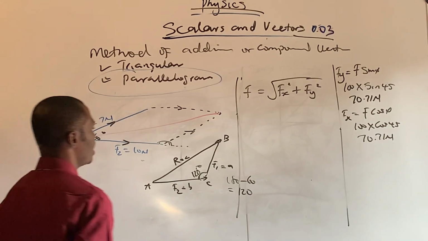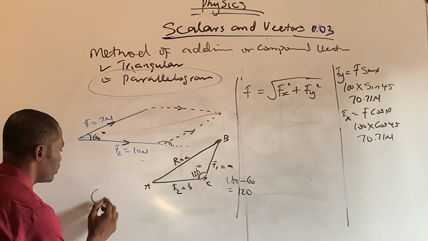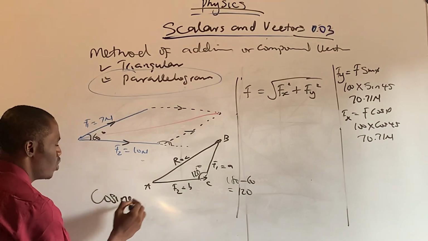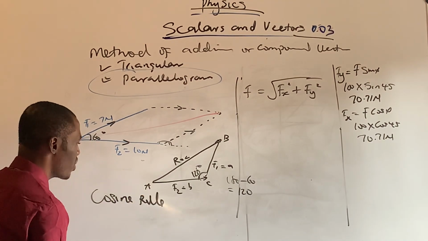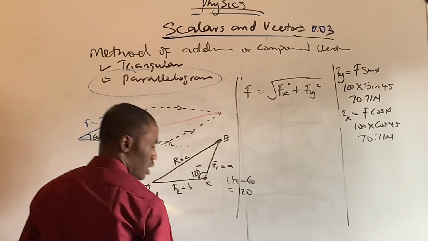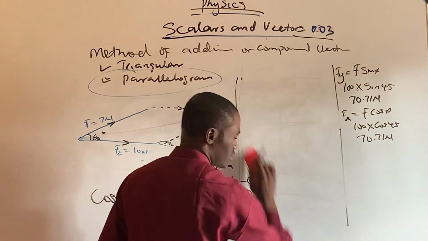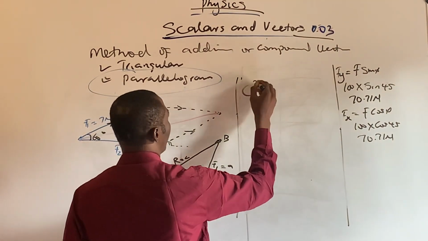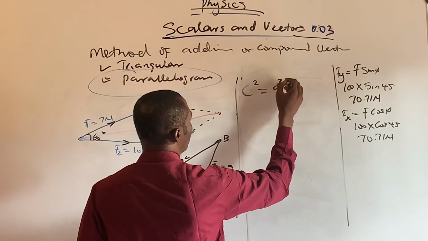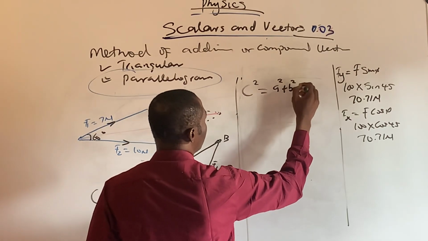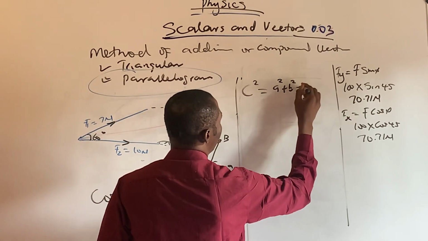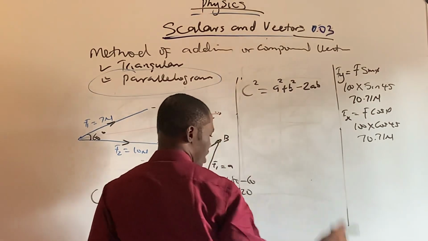So what we have from the cosine rule, which is the rule of solving for parallelogram, is, let me clean up this now, c squared equals a squared plus b squared minus 2ab cos theta.